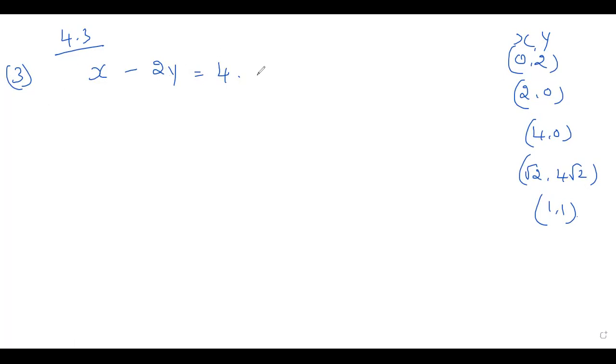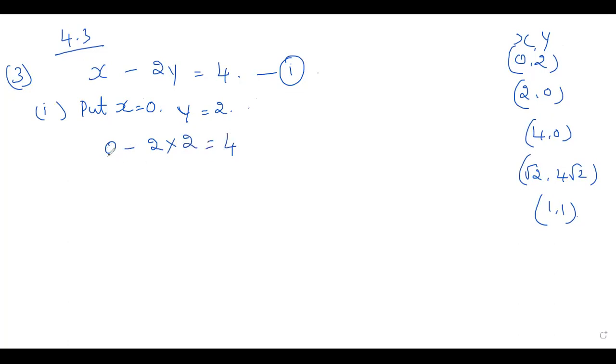So call it as 1. What is the first one? Put x is equal to 0, y is equal to 2. I'm doing the first one, 0 and 2. X is 0 minus 2 into y is 2.